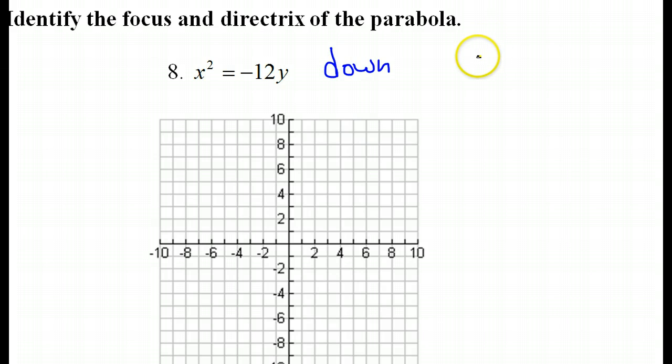Now let's find that p value. I know that 4p is going to equal that negative 12 right there. If I divide by 4, I get p is equal to negative 3. I already know it's going to be down, so I'm going to go down my 3, and there's my focus.